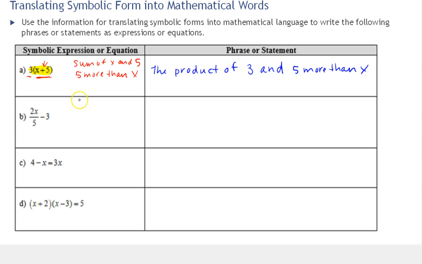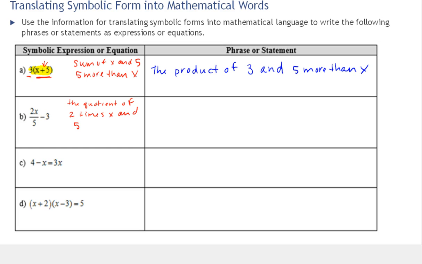So we have the quotient, this is the quotient of 2 times x, and the denominator in the quotient is 5. Okay. And now we want 3 fewer than that since it's subtracting 3.